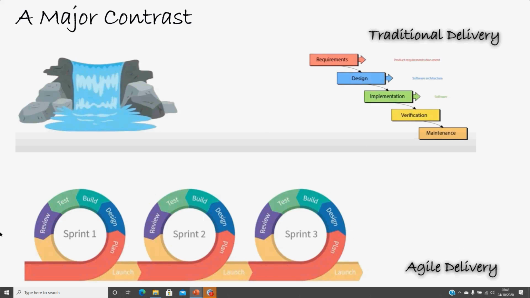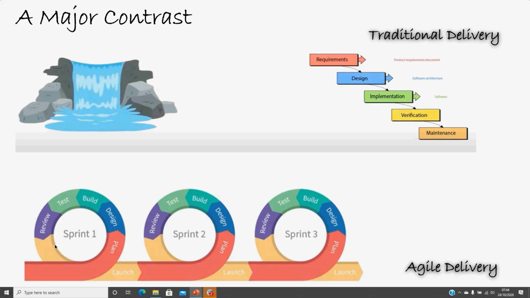But in agile delivery, it's different. You have divided the whole delivery into iterations or sprint. These are the 2 words which are interchangeable. I'm going to discuss it in the jargon buster when I'm going to reach that slide. But sprint is something where you divide the whole big project into small iterations.